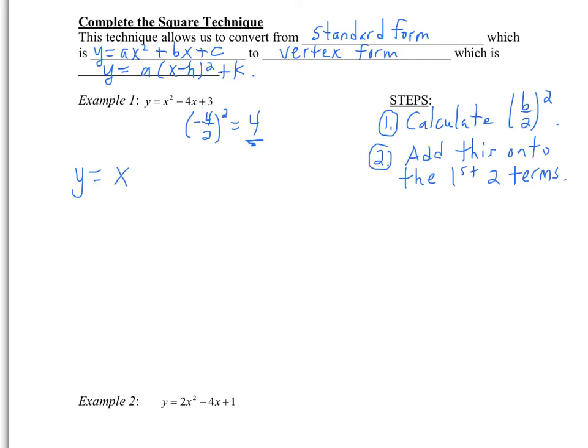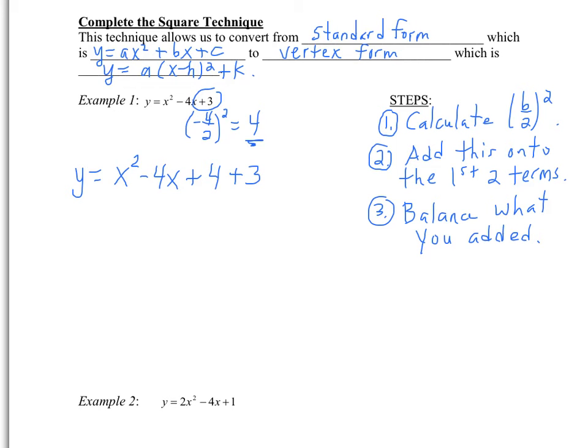So we have x squared minus 4x. So we're going to add this onto our first two terms. So I'm going to add my 4 there. Alright, I still have this plus 3 hanging out there on the end. So my third step is to balance what you added.